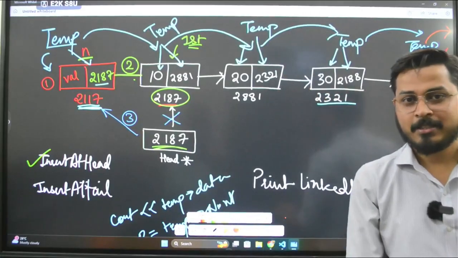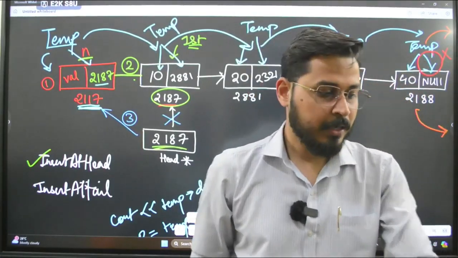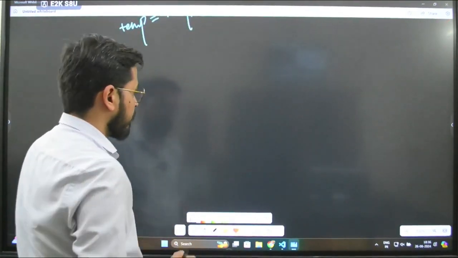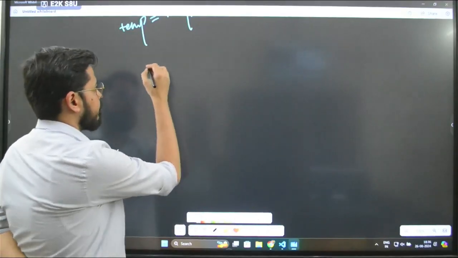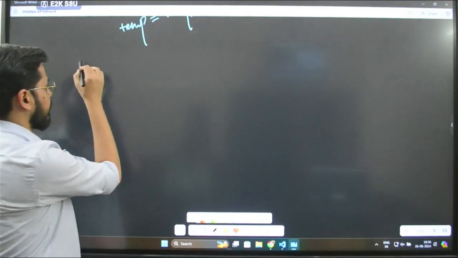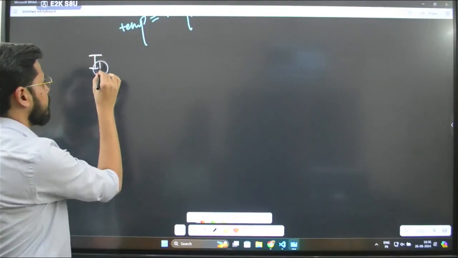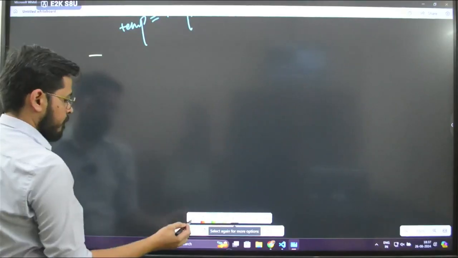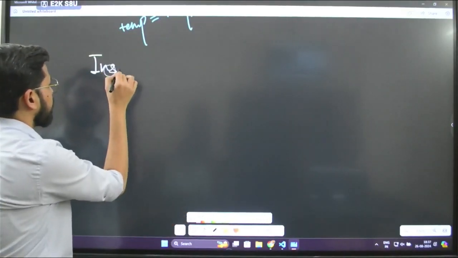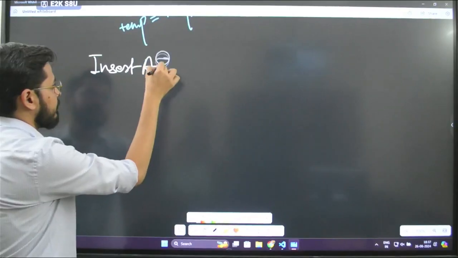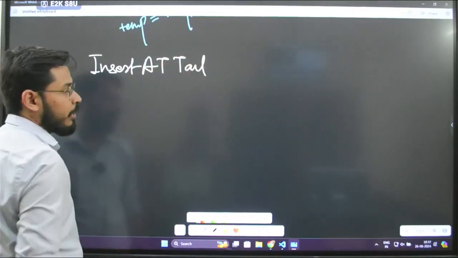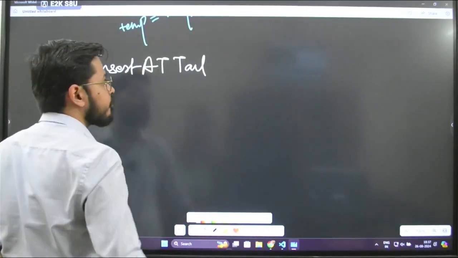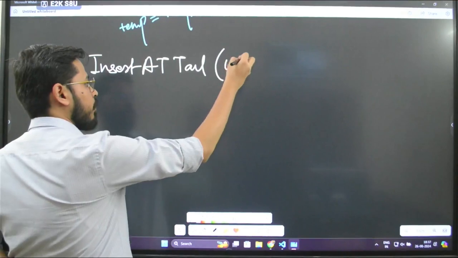what will I write? Let us write it together. So let us write the signature in this case. So this is going to be insert at tail. Okay, insert at tail, and I'm going to take the value.